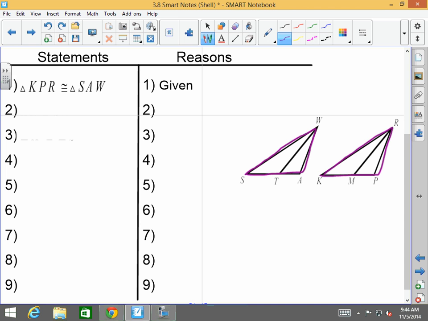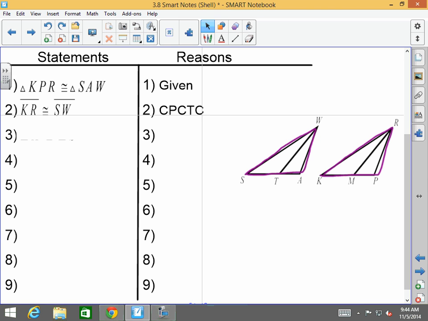Okay, you with me here? Now, they also tell you that KR is congruent to SW. So that's CPCTC. KR, which is this guy, is congruent to SW, CPCTC.